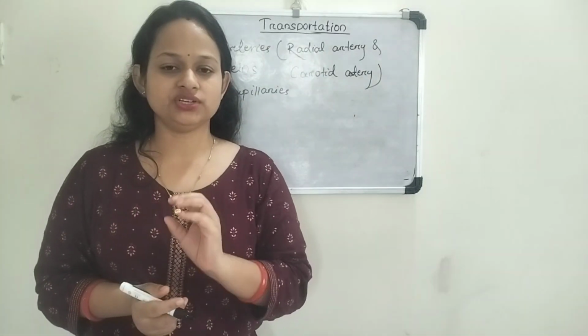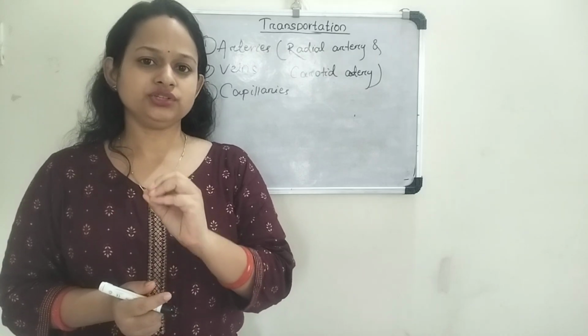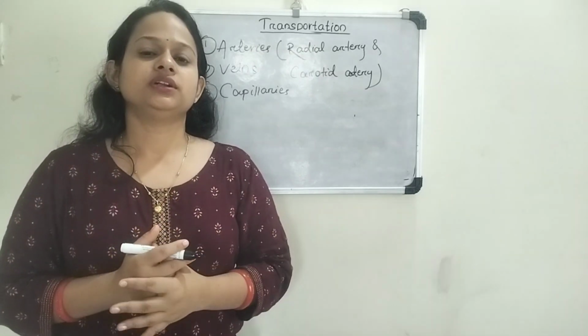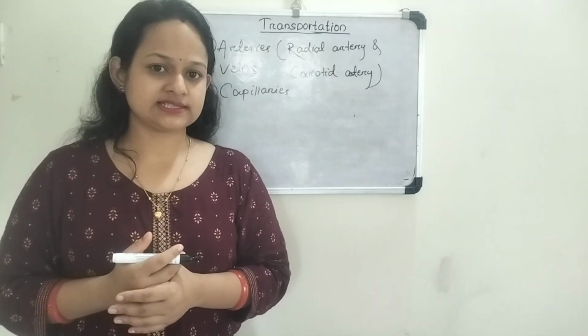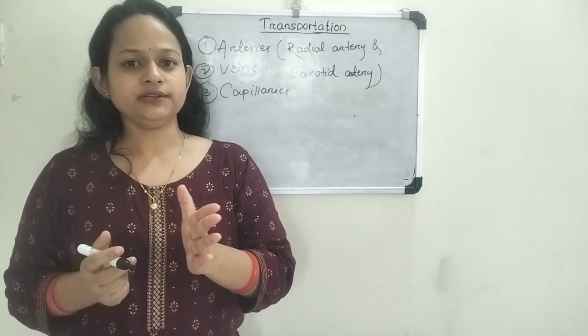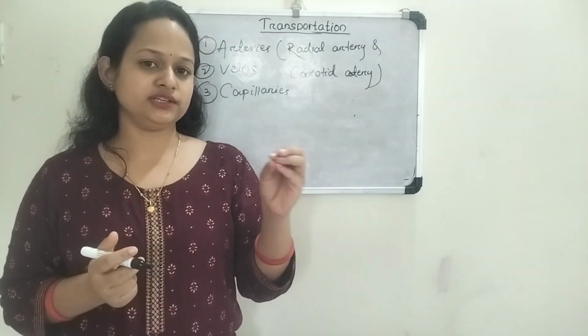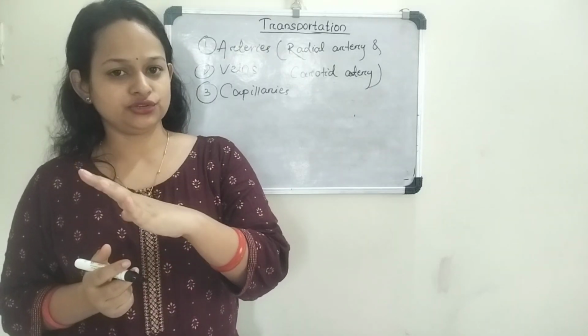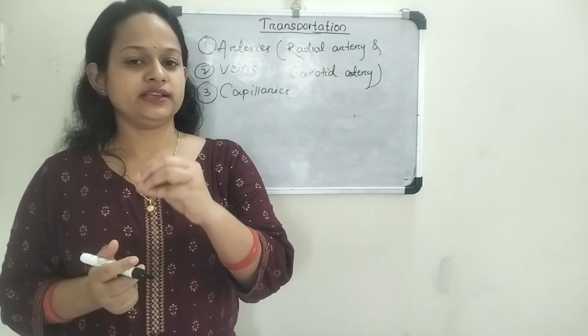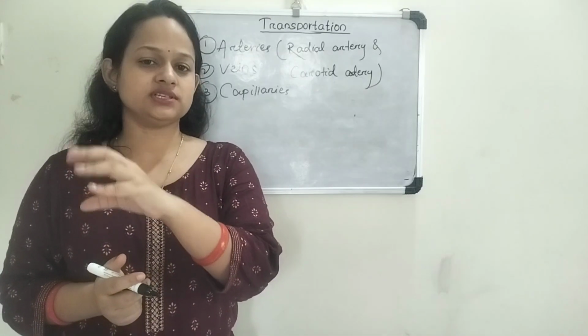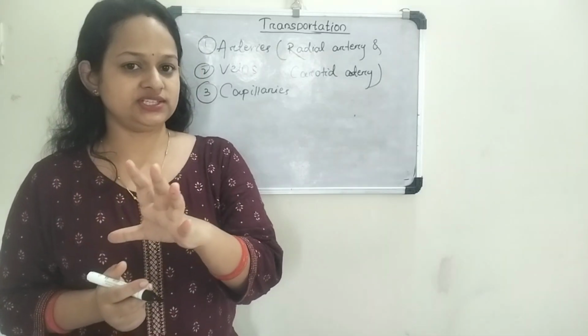Capillaries are a minute network present throughout the cells. The artery carries oxygenated blood from the heart, then it goes to arterioles, and the arterioles flow into the capillaries.